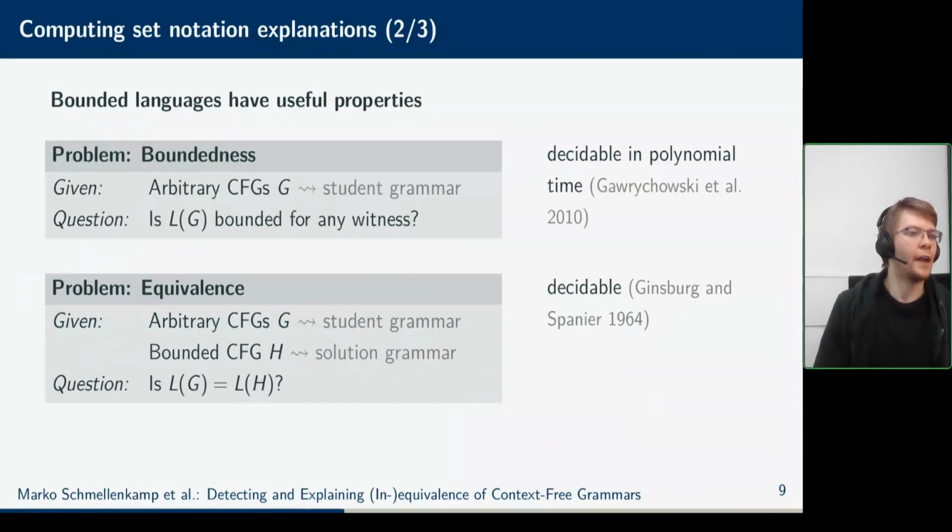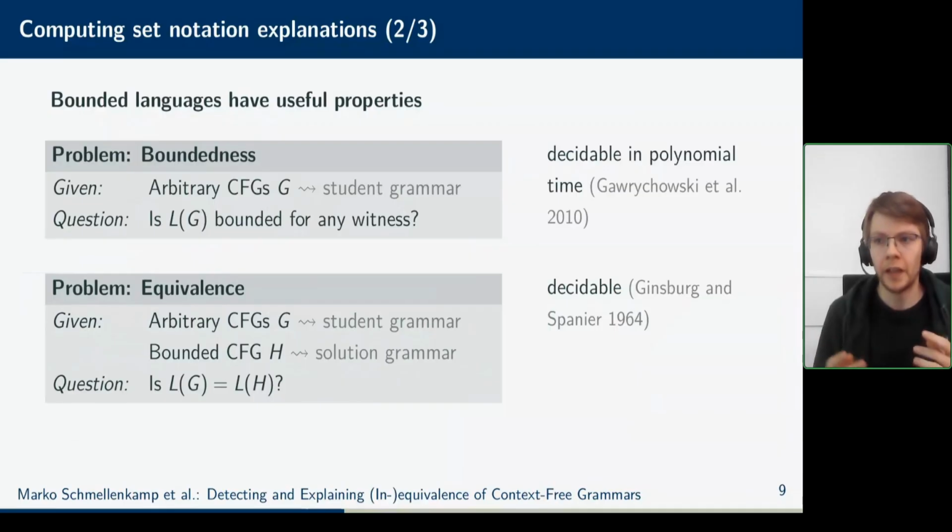Great. So why is this class useful for us? Well, it has useful properties, and I'll show you two of them. Given any arbitrary conditional grammar, it is decidable, and even in polynomial time, whether it is bounded for any witness.